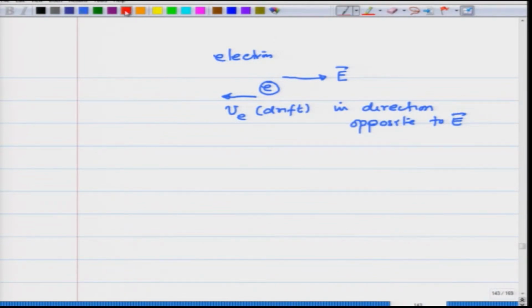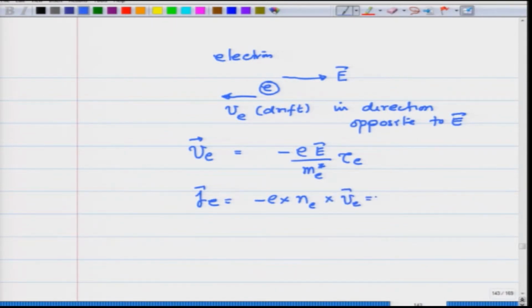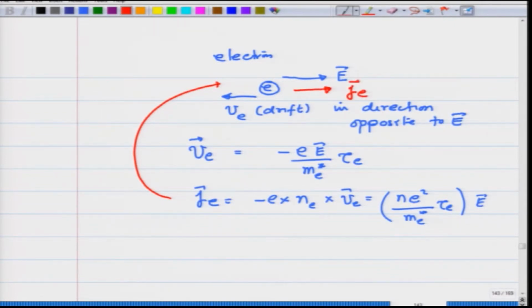And this v e comes out to be, under the collision approximation, minus e over m e star tau e times E, and the current density J due to electrons is going to be minus e times n e times the velocity v e, and this comes out to be n e square over m e star tau e times E. So, the current density is in the same direction as the electric field, and let me show it here. This is the current density due to electrons.